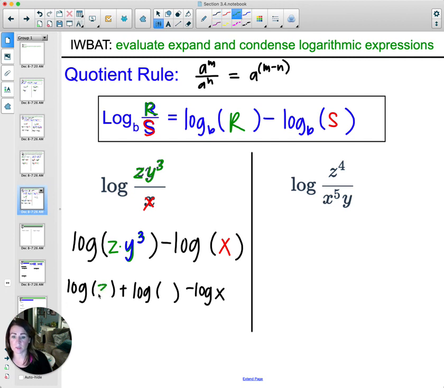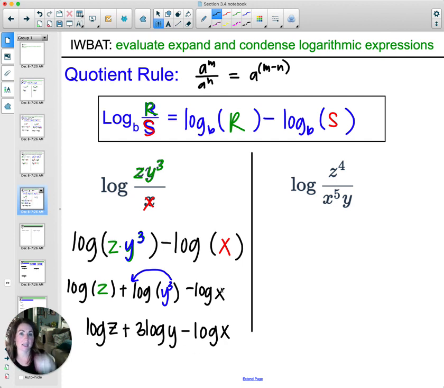So we're going to split up that product in each of these logs: log z plus log y cubed and then minus that log x. Then we're going to finalize this by bringing this power out front in this log. So we have log z plus 3 log y minus log x as our final answer. It's going to kind of take in everything that we've done.